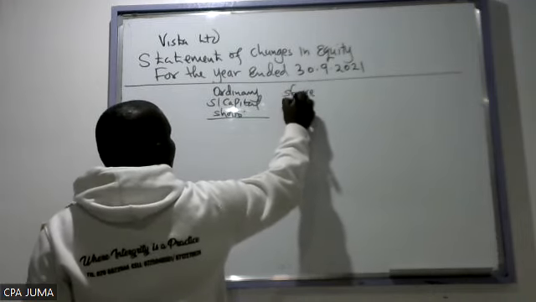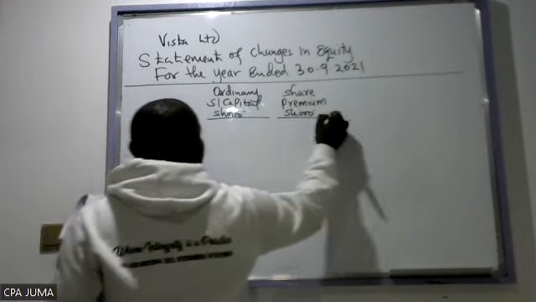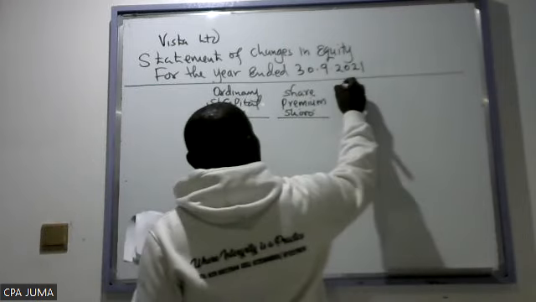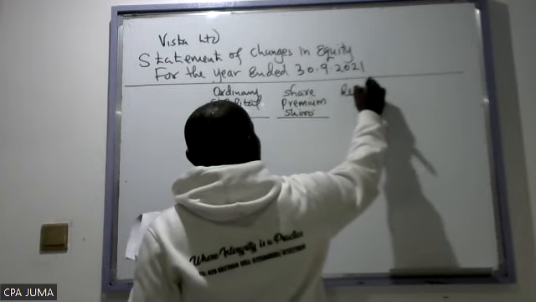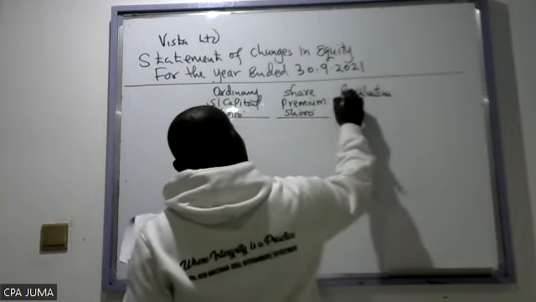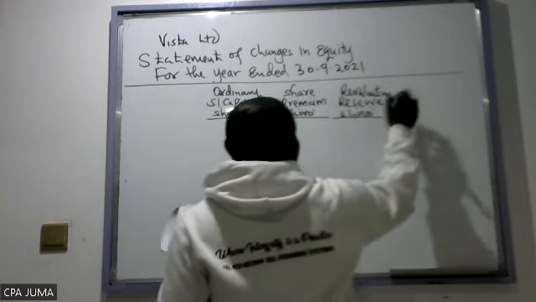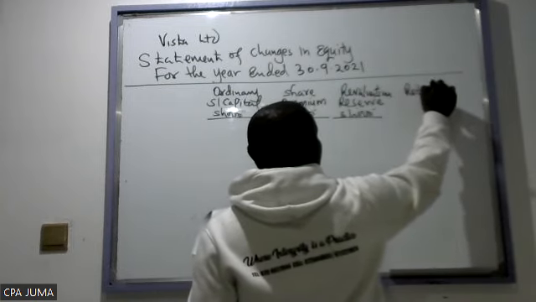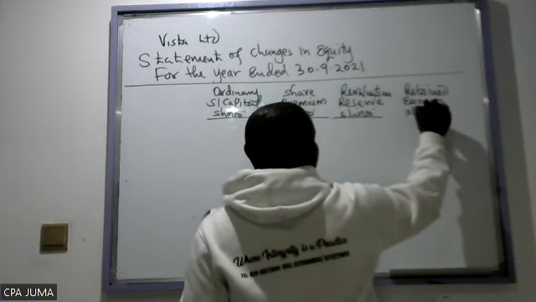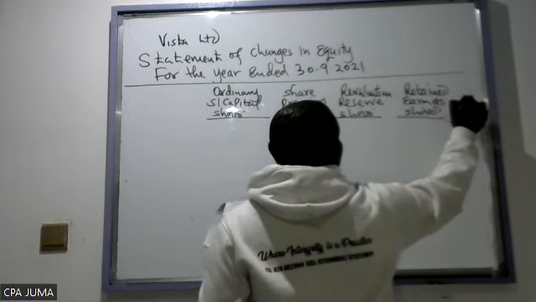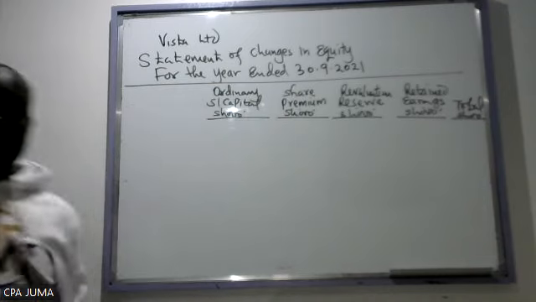So share premium, then there was revaluation reserve, also in thousands. There was retained earnings, also in thousands. Then there is total. Those are the ones appearing.